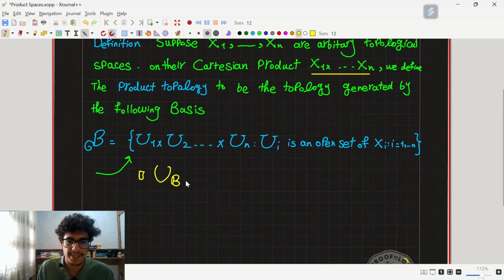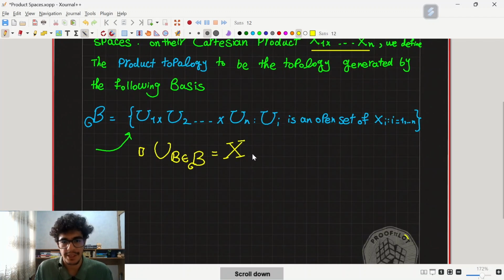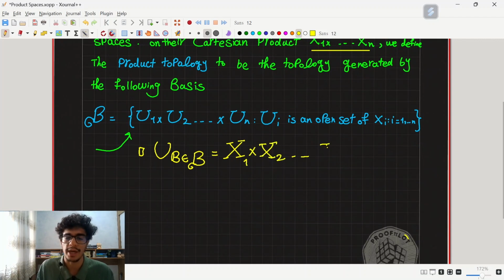The first one is that if you take the union of all the members in your basis, you have to get the topological space, which here is going to be X1 Cartesian product X2 and so on to Xn.